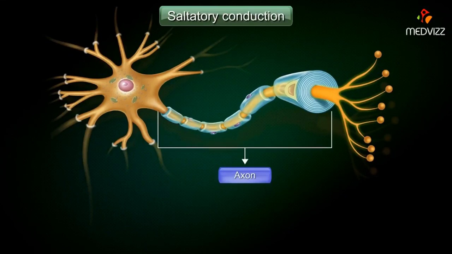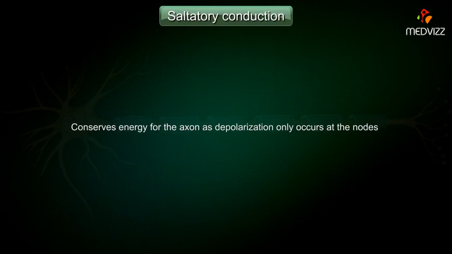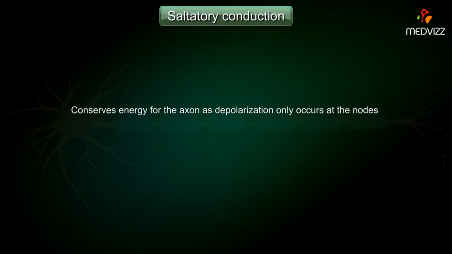and this phenomenon is known as saltatory conduction, and it serves as a means of increasing the rate of propagation of an action potential. Not only does saltatory conduction increase the speed of impulse transmission by causing the depolarization process to jump from one node to the next, it also conserves energy for the axon, as depolarization only occurs at the nodes and not along the whole length of the nerve fiber as in unmyelinated fibers.